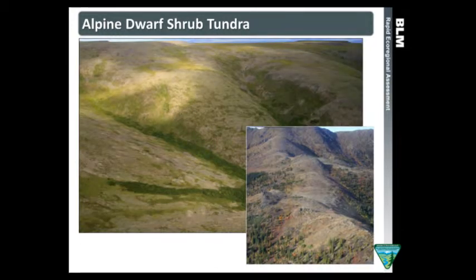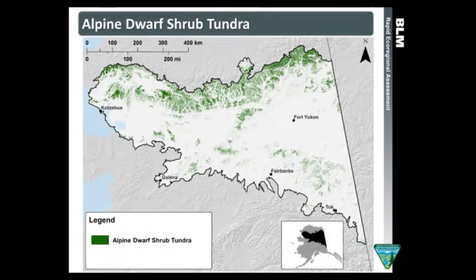And the last class, this is going rather quickly, is the alpine dwarf shrub tundra class. So generally well-drained sites, rocky residual soils, and the distribution according to the Alaska vegetation mosaic. You can see it matches quite well with the alpine areas.